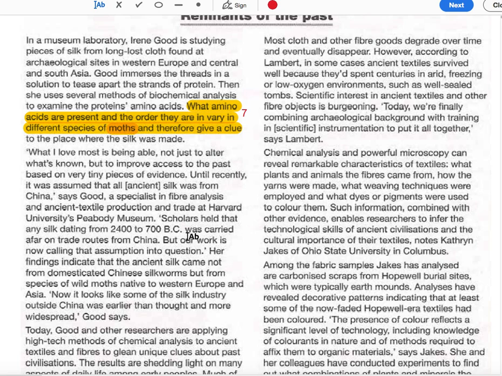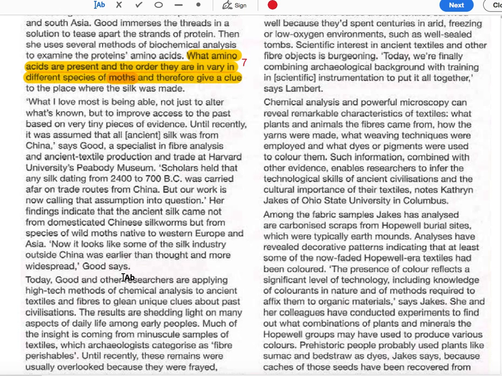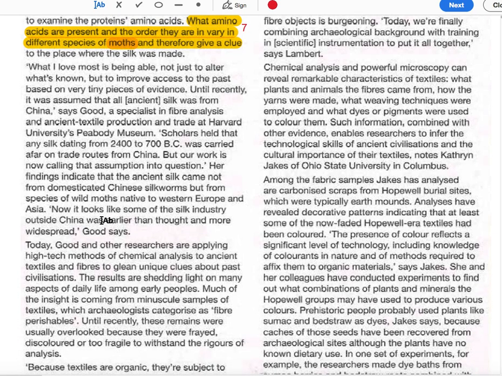Scholars held that ancient silk came not from domesticated Chinese silkworms, but from species of wild moths native. Okay, so I see here something very important. It's telling me her findings indicate that ancient silk came not. So this is reminding me here.